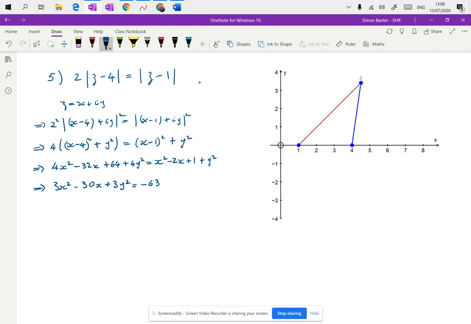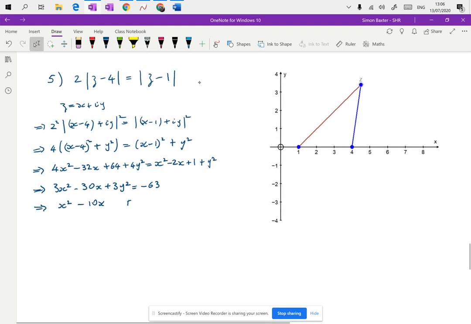Common factor of 3. Did you notice that? x² minus 10x plus y². Let's leave a little bit of a space there. And let's make that look like a plus, equals minus 21. Complete the square. Half of 10 is 5.